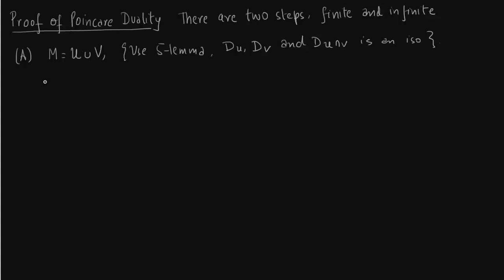So let us draw the diagram. You start with U intersection V, go to the direct sum of U and V, then you go to the manifold M. C essentially means we are talking about compact sets which we have obtained after applying the direct limit.